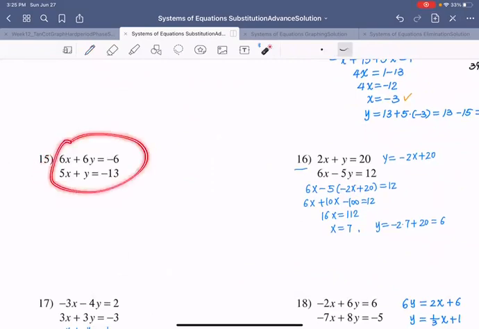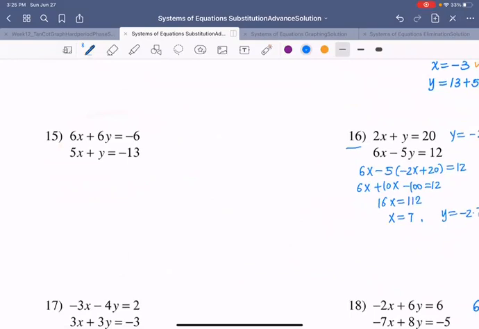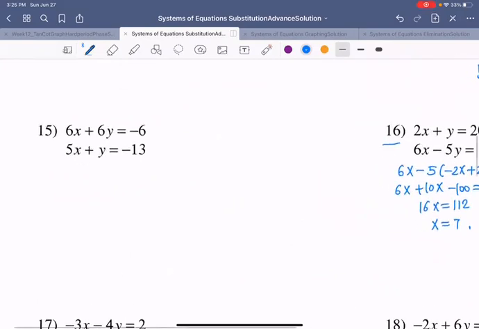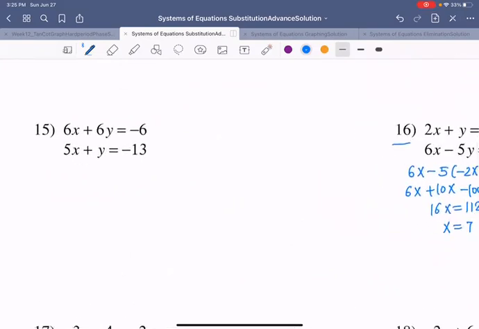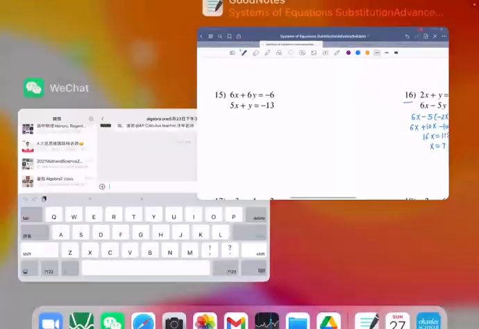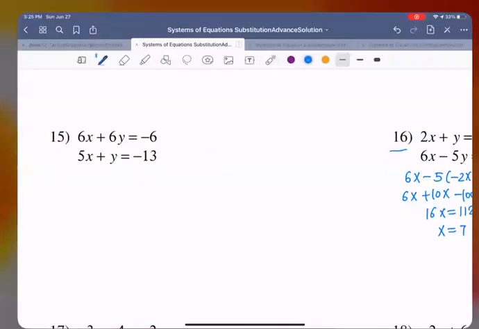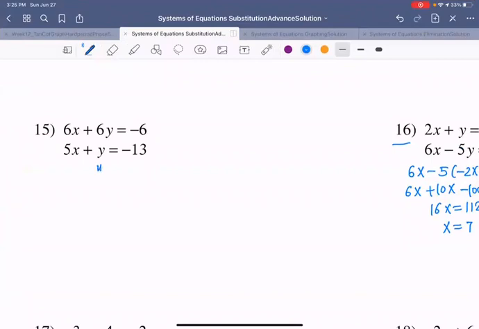Let's do 15. Tell me how I do it. Okay, so y equals? Y equals 6.